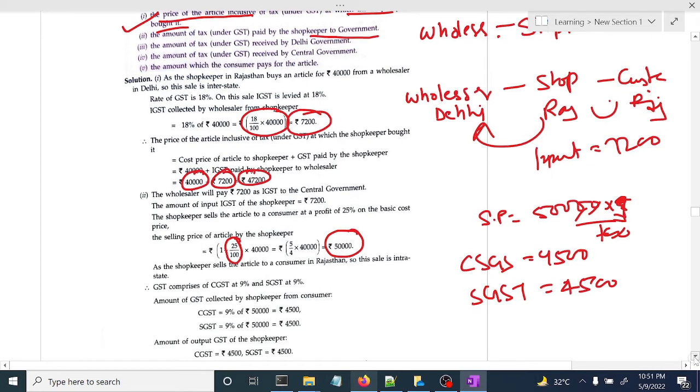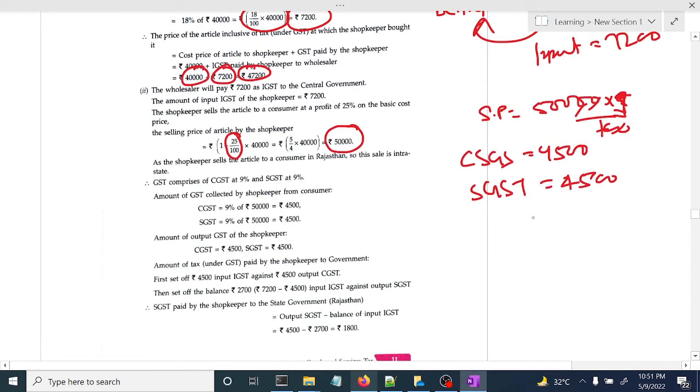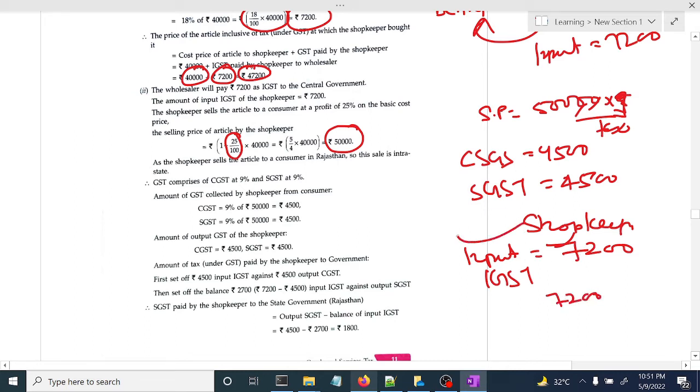So you have to look here carefully. The shopkeeper paid 7200 as the input tax. This tax was IGST, paid to the central government, right? So 7200 he paid to the manufacturer, and what he got, 4500 rupees, right? So 2700 rupees extra he paid to the central government.